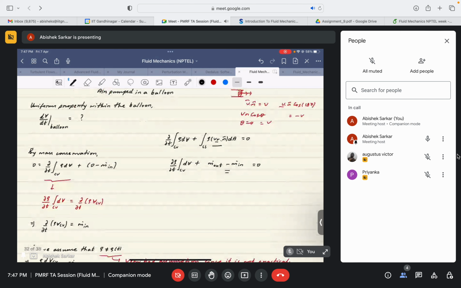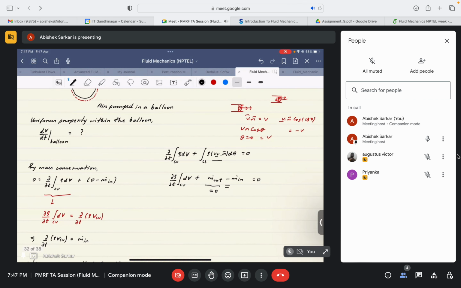And since m dot out is equal to 0, as you can clearly see, we will have only del rho by del t. This integral will directly give us the volume of the control volume that we have chosen.